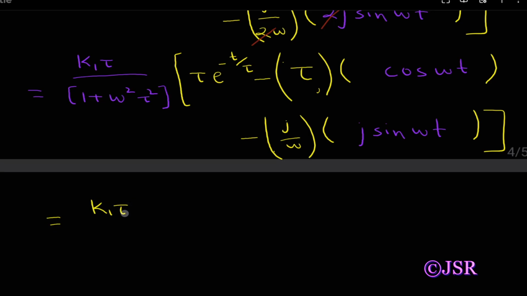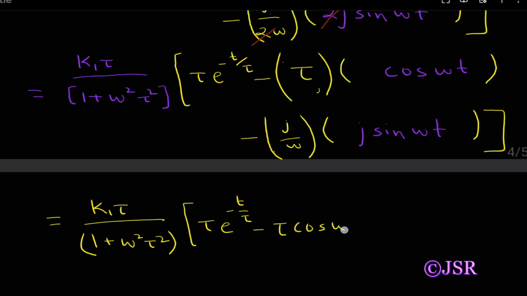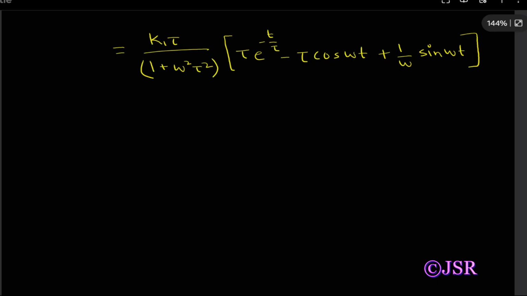So further simplifying, we will get k1 tau upon 1 plus omega square tau square, then tau e to the power minus t upon tau minus tau cos omega t, so minus j square, and j square is minus 1, so we will have plus 1 by omega sine omega t.